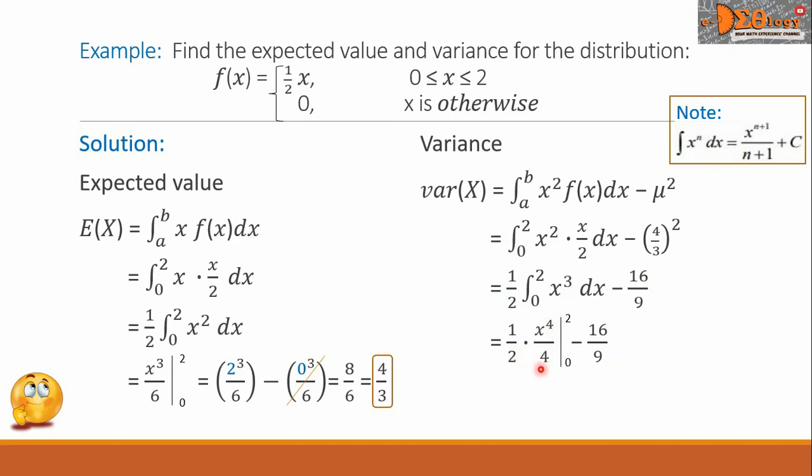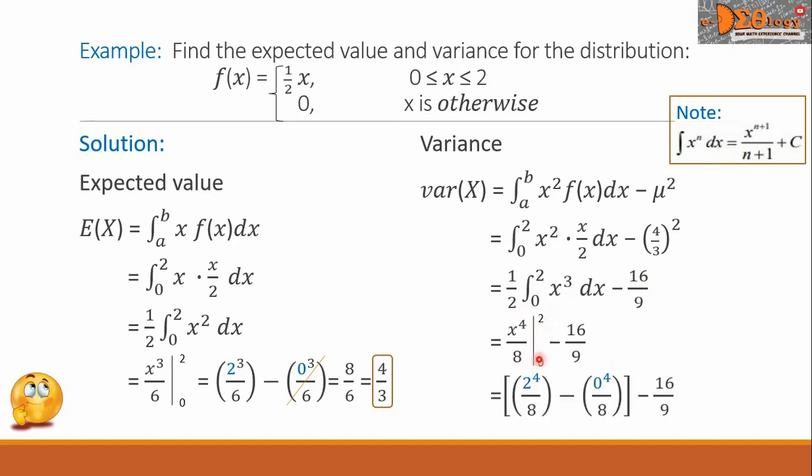The 2 multiplied by 4, we will get x to the power 4 over 8. Let us now evaluate this with respect to the limits from 0 to 2. So this value here would be 2 raised to 4 over 8 minus 0 raised to 4 over 8.